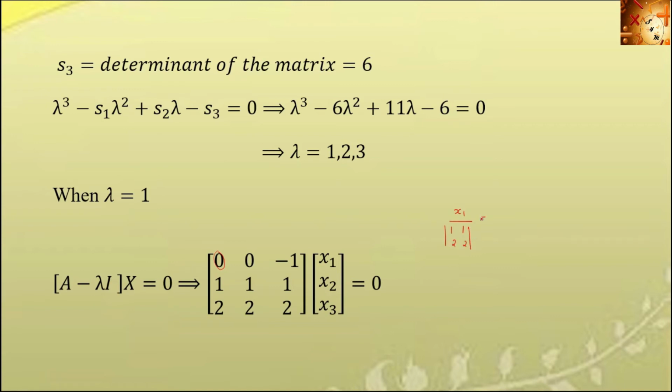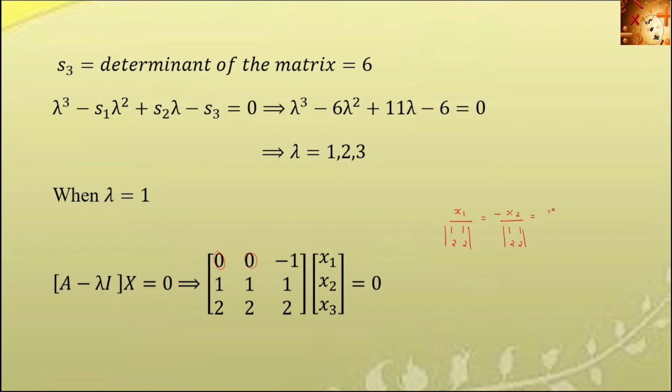Then alternate plus or minus, so minus x2 divided by, the corresponding next element is this one, deleting its row and column, that is the determinant of [1, 1; 2, 2].